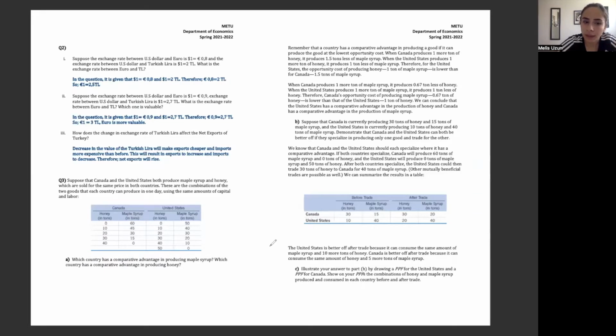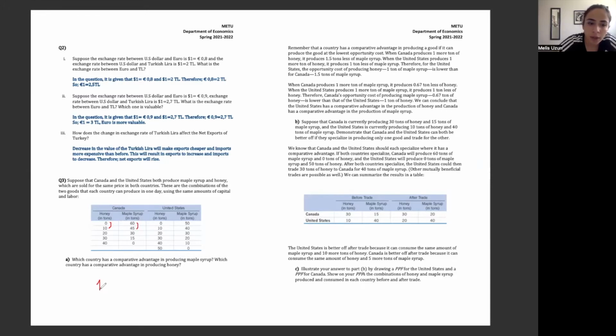So let's remember, when we want to determine which country has a comparative advantage, we look at the opportunity cost. So let's look at Canada. In order to produce 10 more units of honey, it gives up 15 units of maple syrup.